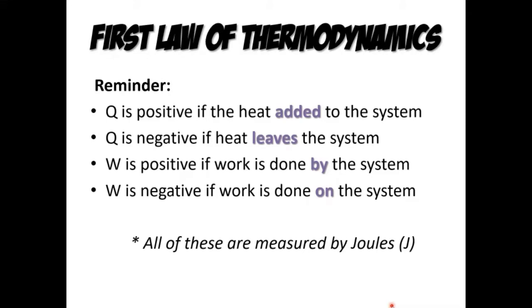And then yung W naman, masasabi natin positive ang work which is done by the system. And then negative naman ang work if it is done on the system. Tandaan natin yan. All of these are measured by joules. Joules po ang gagamitin nating unit since ang usapan pa rin natin dito ay energy.